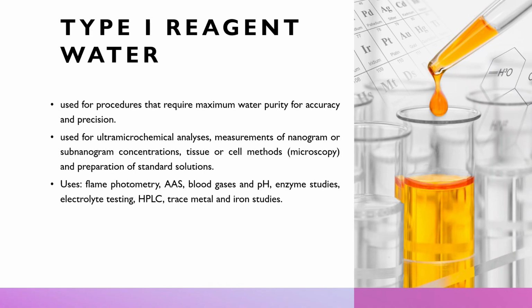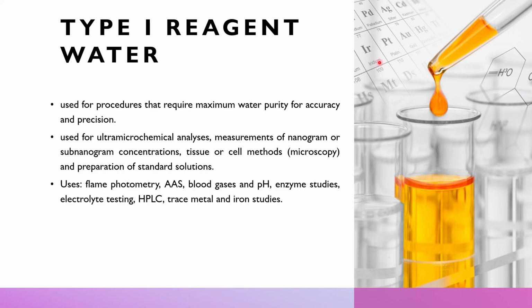There's already a convention that was conducted to categorize water purity based on 3 types, from type 1 to 3, with type 1 water having the most stringent requirements. Generally, type 1 reagent water is suitable for routine laboratory use.